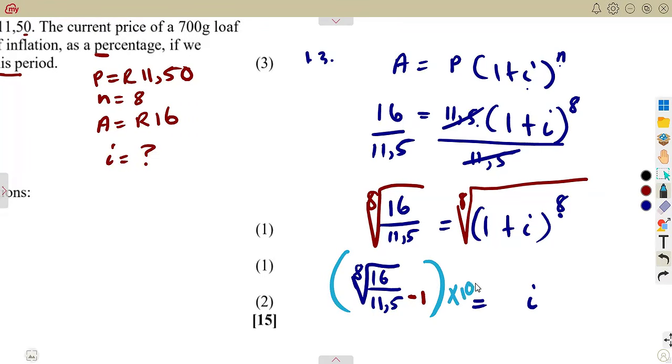So whatever you get here, you must multiply by 100%. It must be a percentage. So it gives us something like 4.21% per annum, meaning to say per year, it is changing by 4.21% per year.